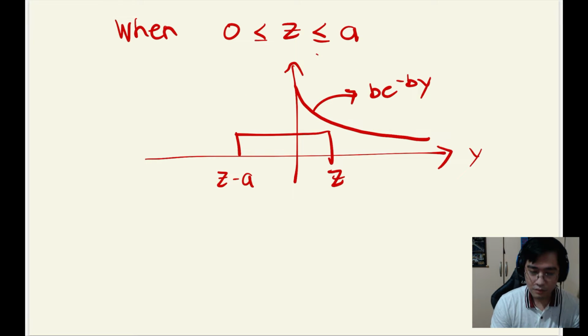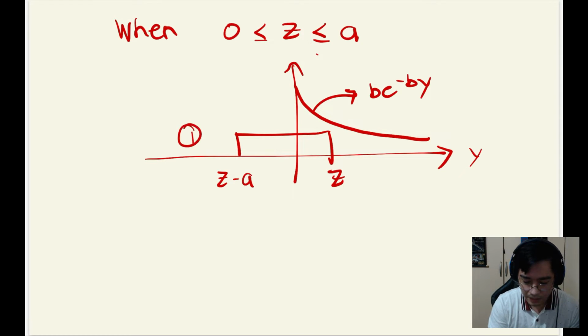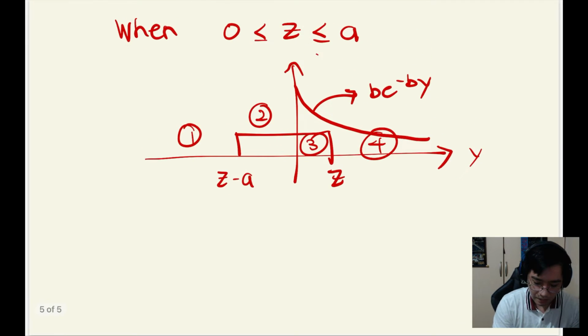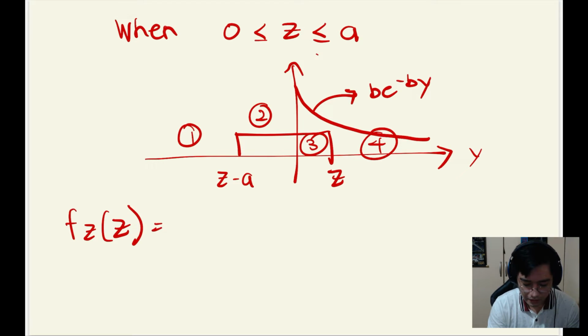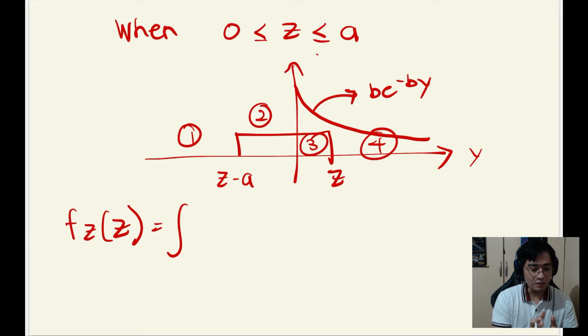To further visualize and help us in solving this integral, we specify regions wherein there are changes. For example, in region 1, f sub w of w is equal to the integral from negative infinity to infinity of the product of the two functions. But for each region, each of the functions changes.